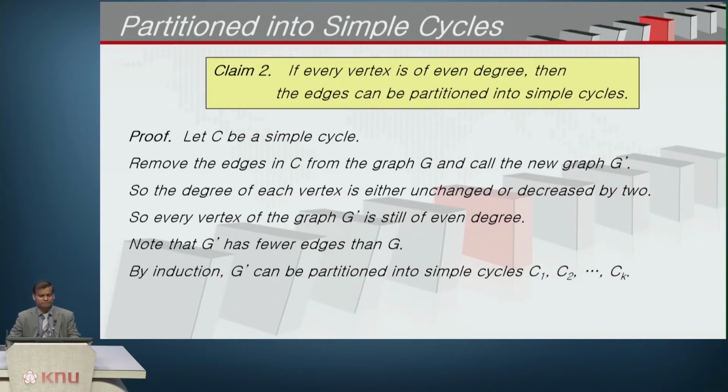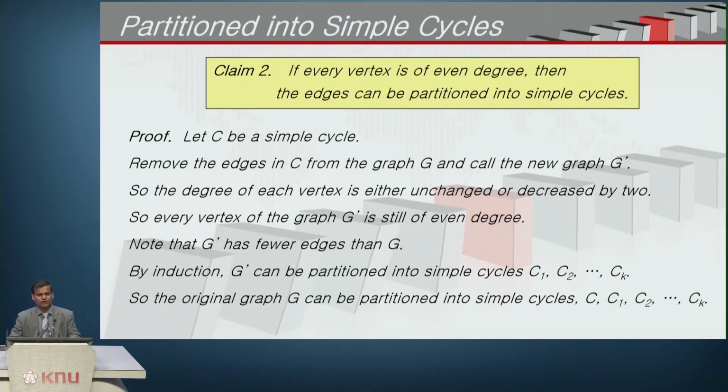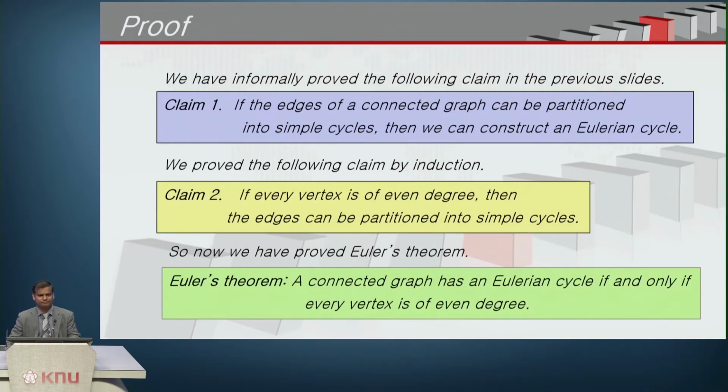So by induction, G' can be partitioned into simple cycles C1, C2, up to Ck. We have shown an example in which we partition the given graph into many simple cycles, so the original graph G can be partitioned into simple cycles C1, C2 till Ck. We have informally proved the following claims.